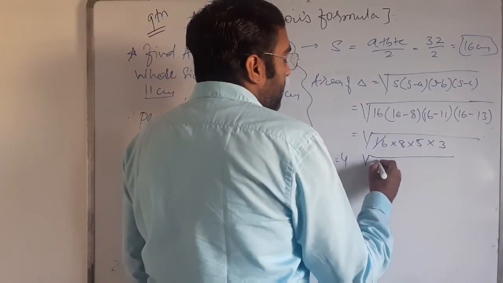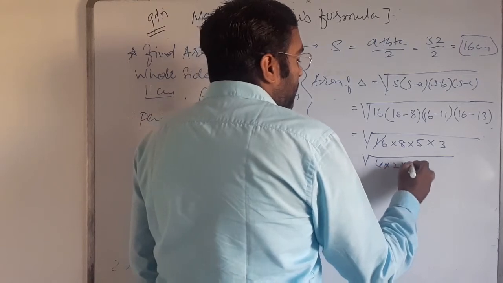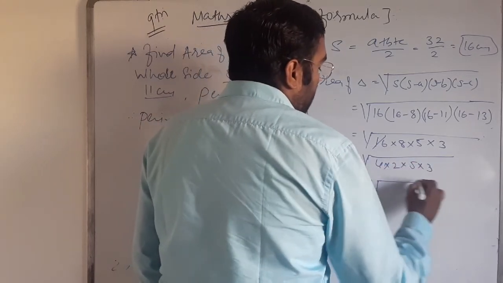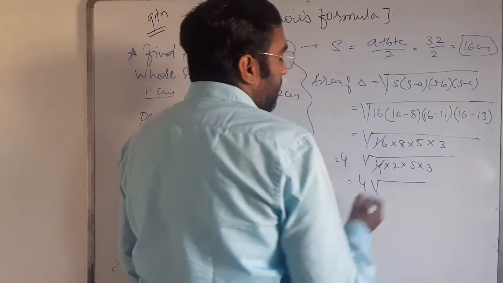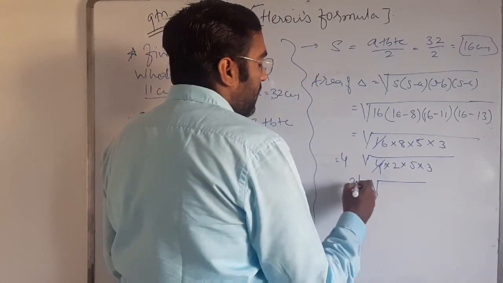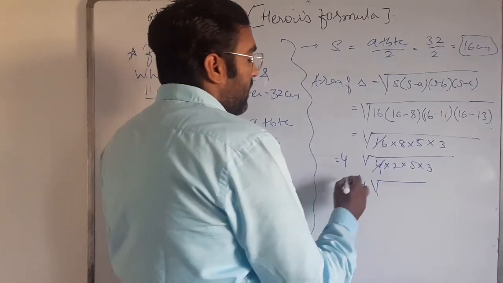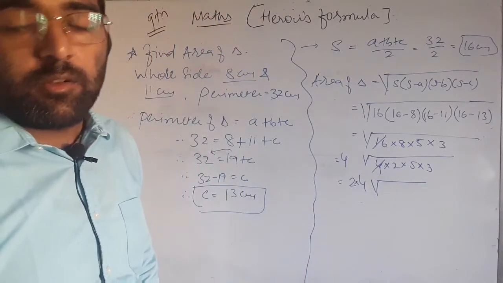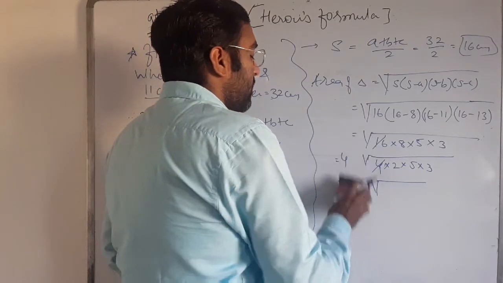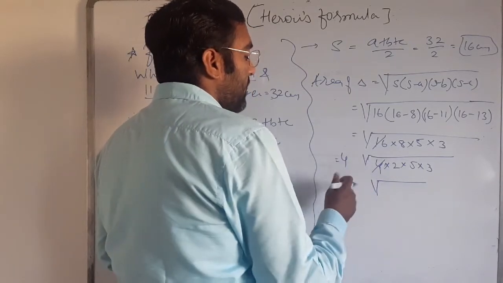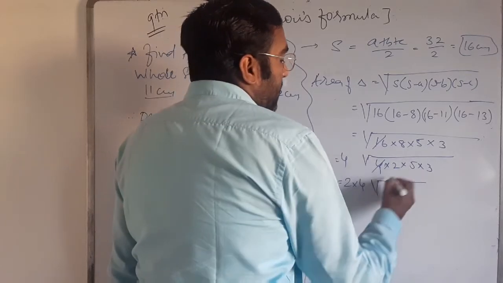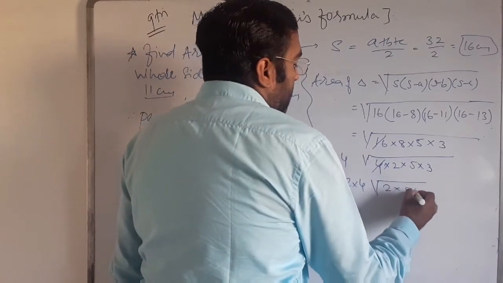Now 8 is 4 into 2, then 5 into 3. The square root of 4 is 2, so we write 2 into 4 outside. The remaining numbers are 2 into 5 into 3.